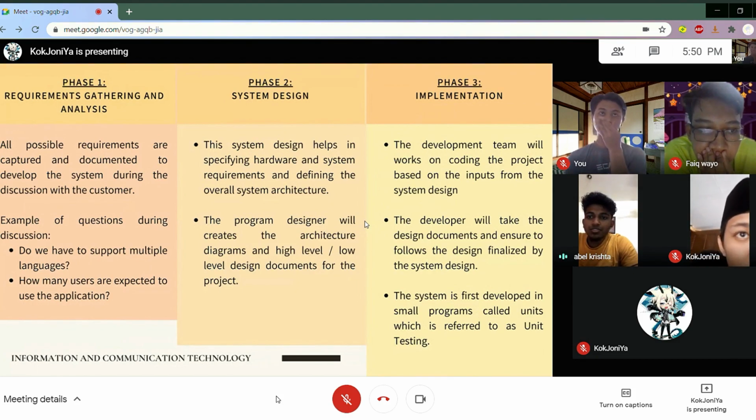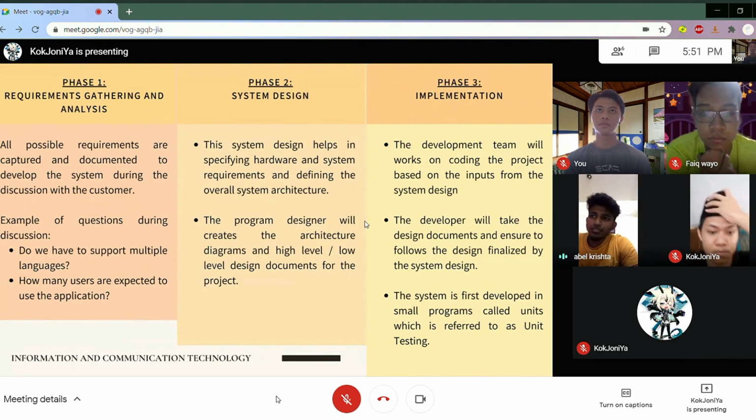How many users are expected to use the application? Phase 2, system design. This helps in specifying hardware and system requirements and defining the overall system architecture. The program designer will create the architecture diagrams and high-level or low-level design documents for the project.